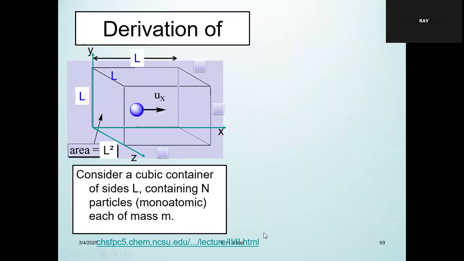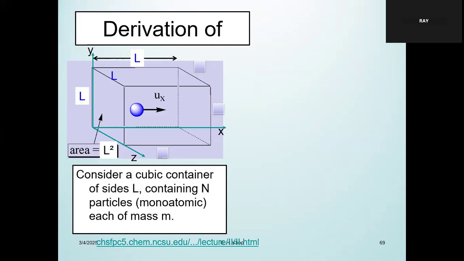Okay, so what we are doing is we are first looking at a particle. The particle has a speed, and we let it collide with the wall of the container in one direction. Then after that, we look at the change in momentum of the particle. Then from the change in momentum, we calculate the force on the particle, using Newton's second law.